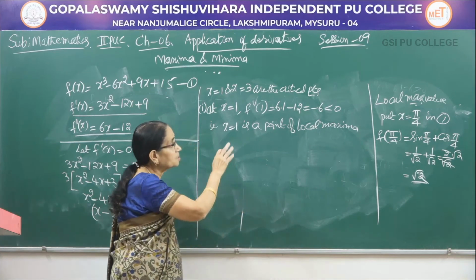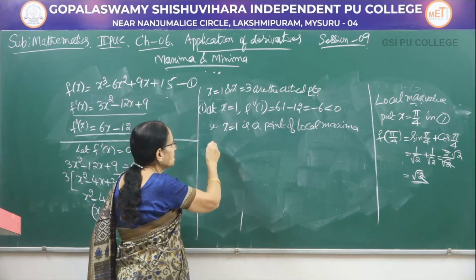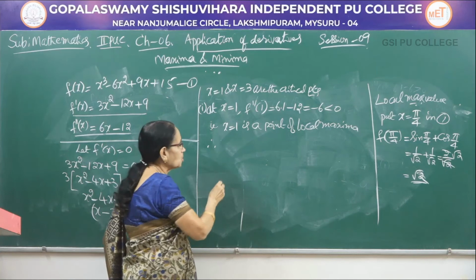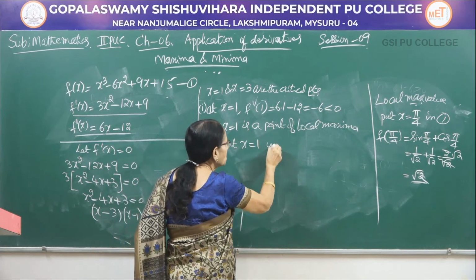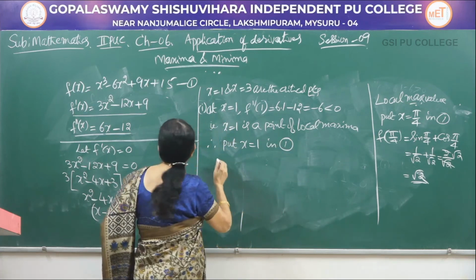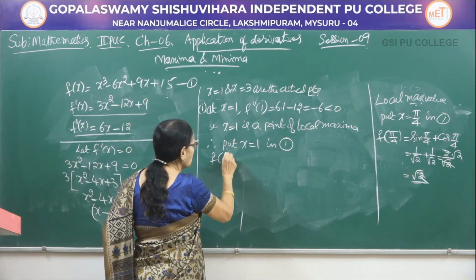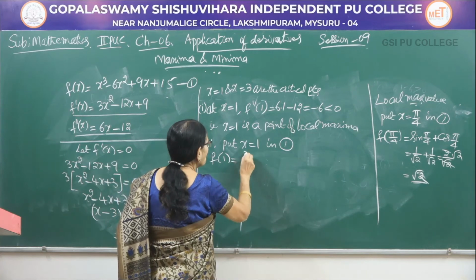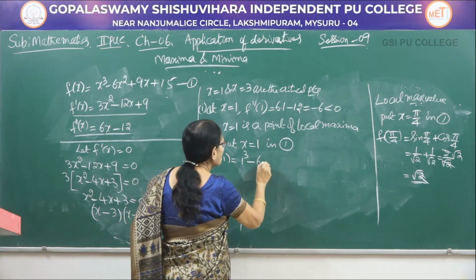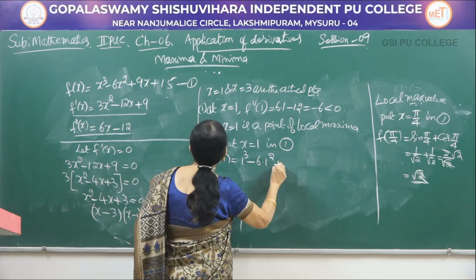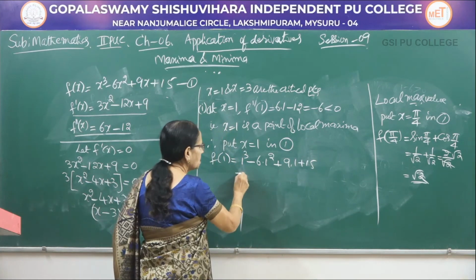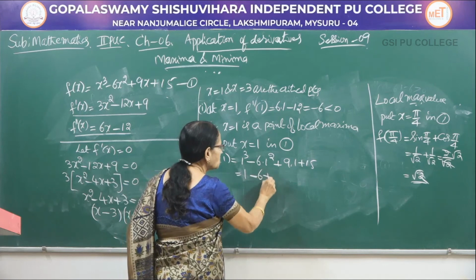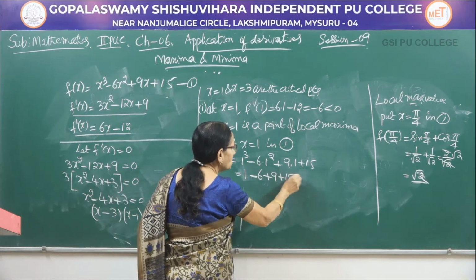Now, this is only for confirmation, but we are interested in the values also. Therefore, put x is equal to 1 in the first one. That is, go to the first function, the given function. f of 1 is 1 cube minus 6 into 1 square plus 9 into 1 plus 15. That is 1 minus 6 plus 9 plus 15.